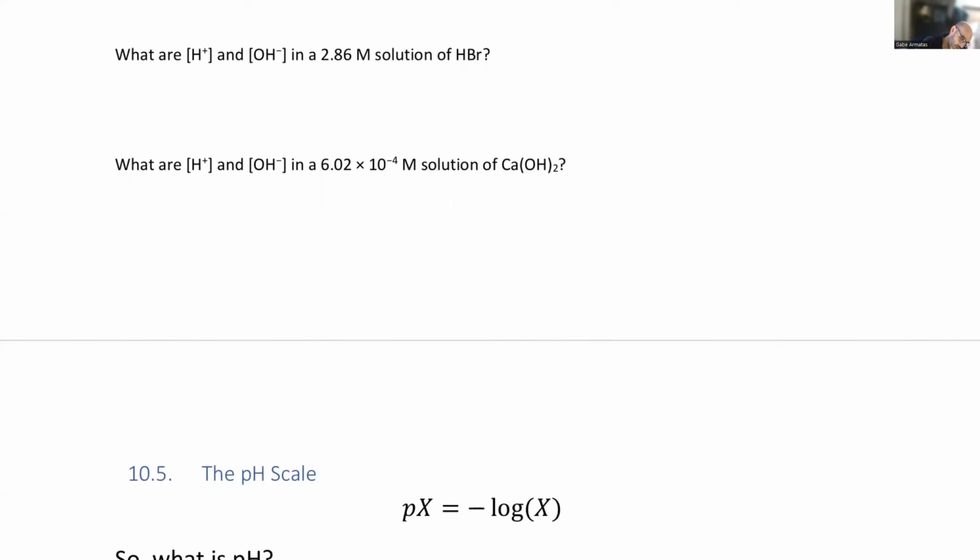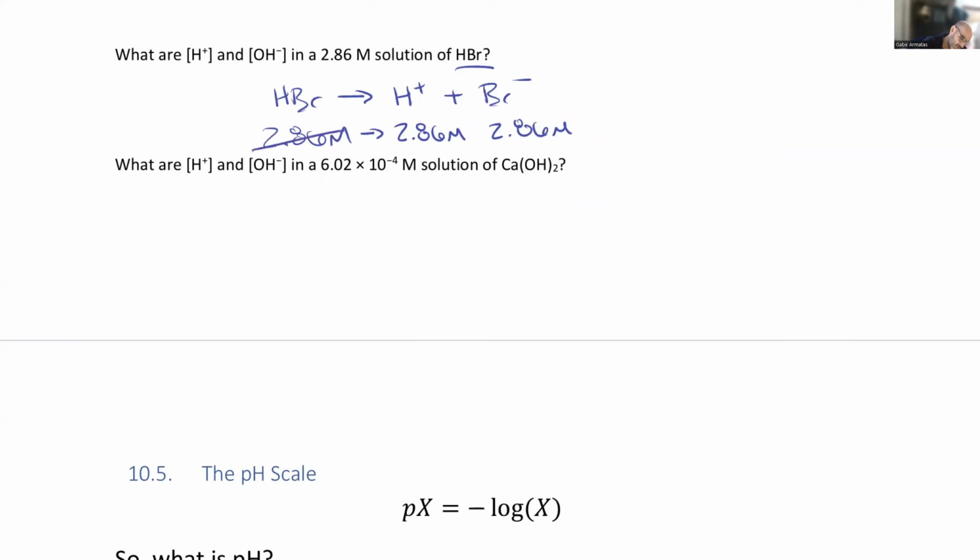All right, so first of all, let's talk about this. I have HBr turns into H plus and Br minus. So if I have 2.86 molar of this, HBr is a strong acid, so I know that it is all going to turn into product, right? So I'm going to have the equal number of H plus and 2.86 molar Br minus.